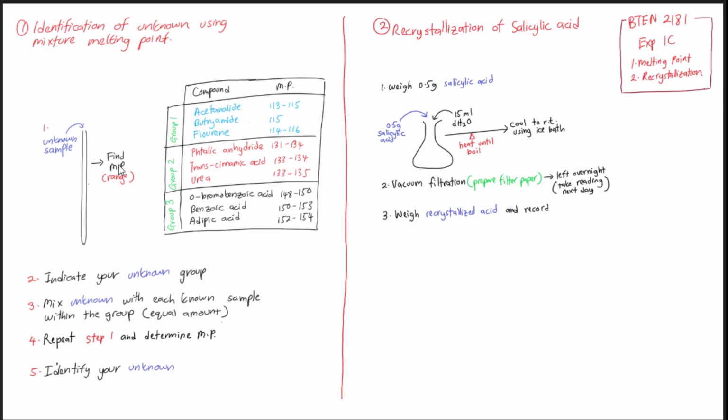The melting temperature is the temperature at which you see the first crystal just start to melt until the temperature at which the last crystal totally disappears. I repeat again, the melting point is the temperature at which the first crystal, I mean the solid, just starts to melt until the temperature at which the last crystal disappears.